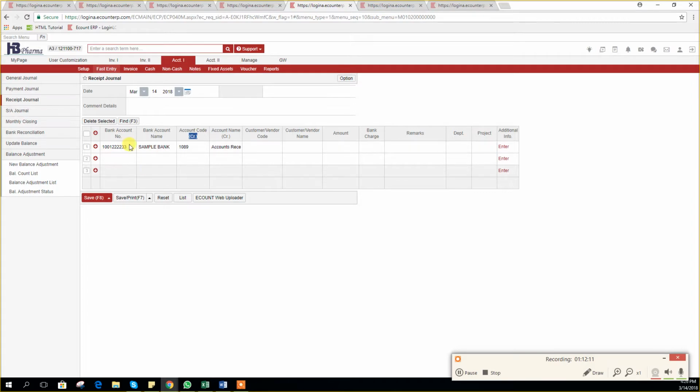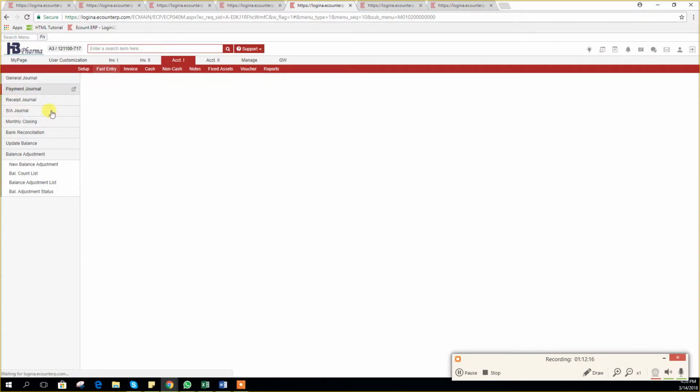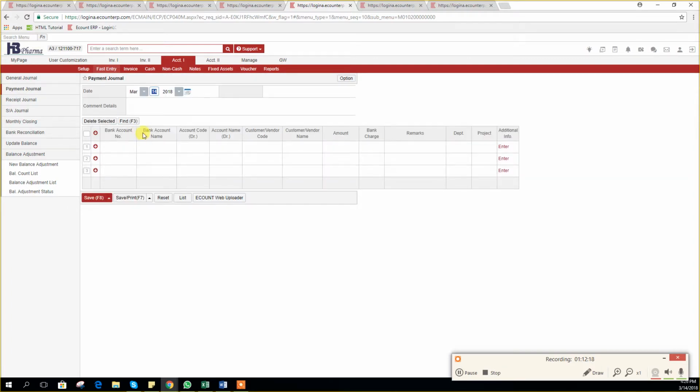You must debit bank and credit a particular account. With the payment journal, the money is going to come out, so it is going to credit the bank and debit whatever expense you are paying. So now you have the general journal.